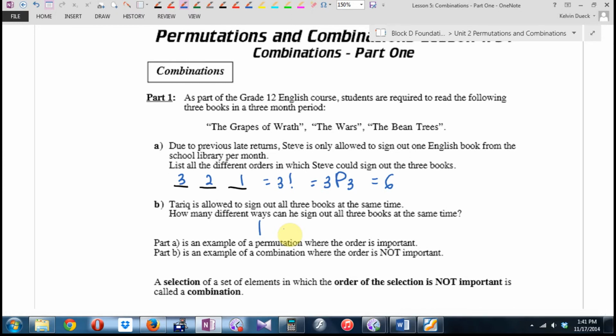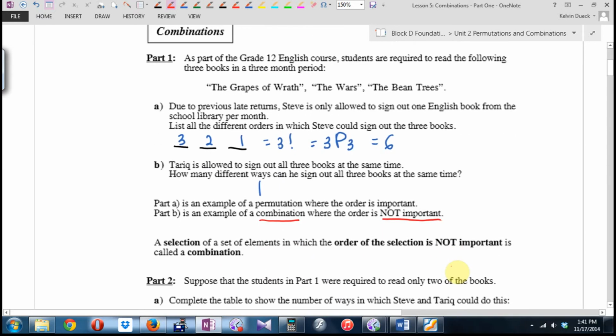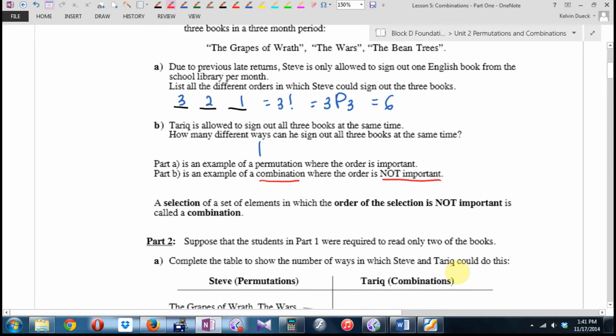Part B is an example, and here's our word of the day, of a combination. Order is not important. You don't care when you get picked. You only care if you get picked. A selection of a set of elements in which the order is not important is called a combination.